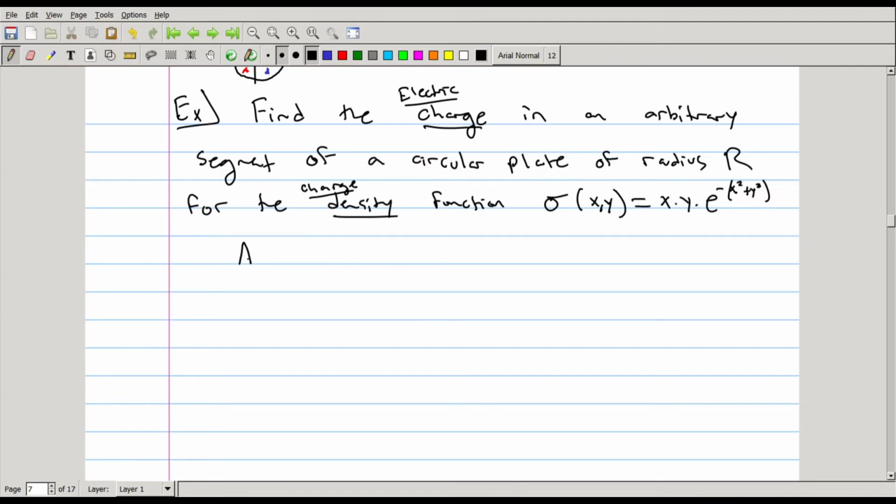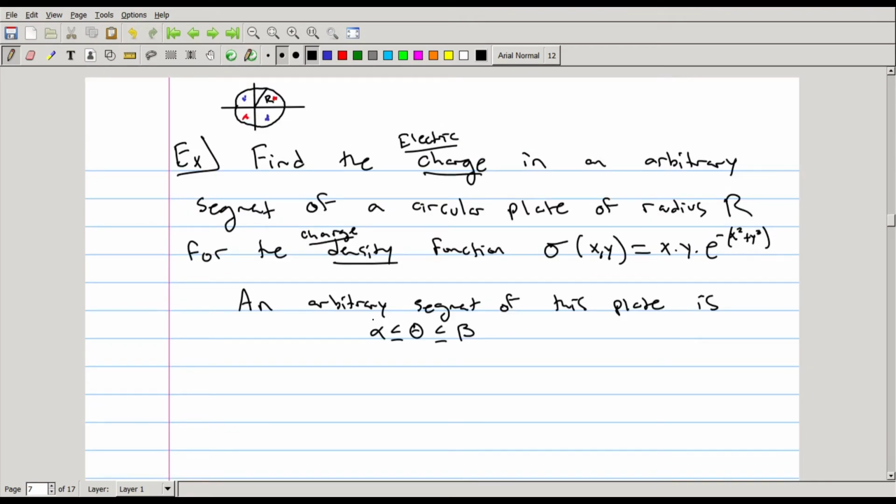So an arbitrary segment of this plate is given by the inequality theta between alpha and beta, for a minimum angle alpha and a maximum angle beta.